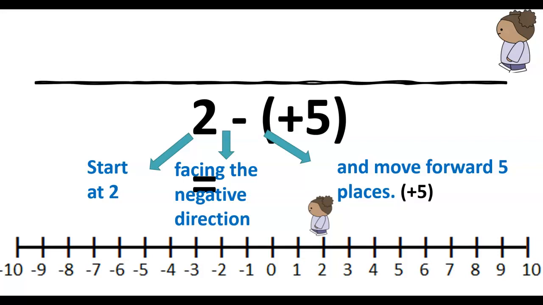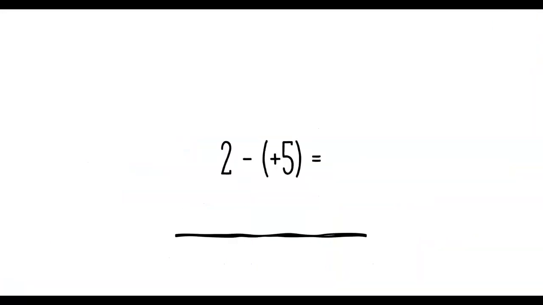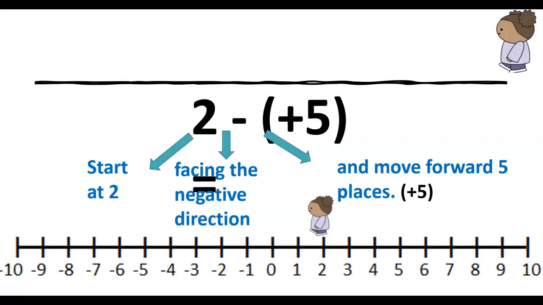So the minus sign tells us which way she's facing, she's facing towards the negative direction, and the +5 tells us that she's going to move forward 5.